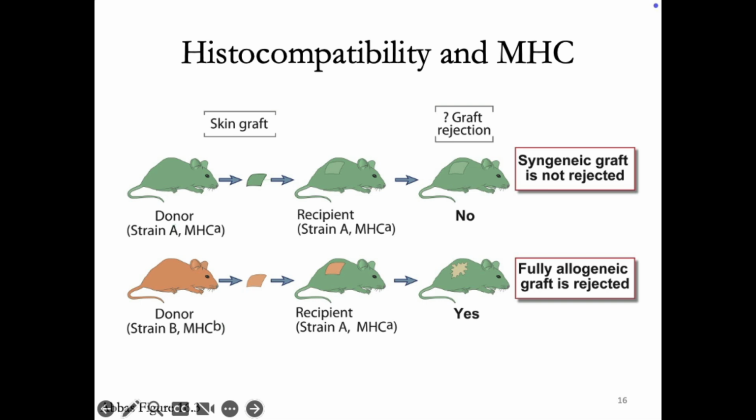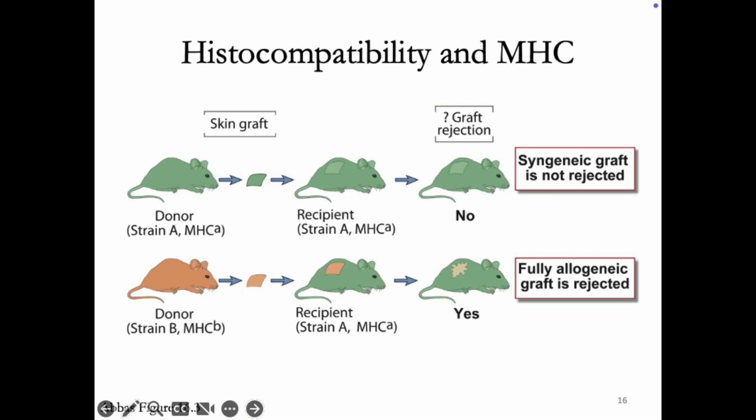This is a transplant to another genetically not identical member of your species. So if you were going to get a transplant from another human, that would be an allogeneic transplant. And you would see rejection, as was seen in this situation.